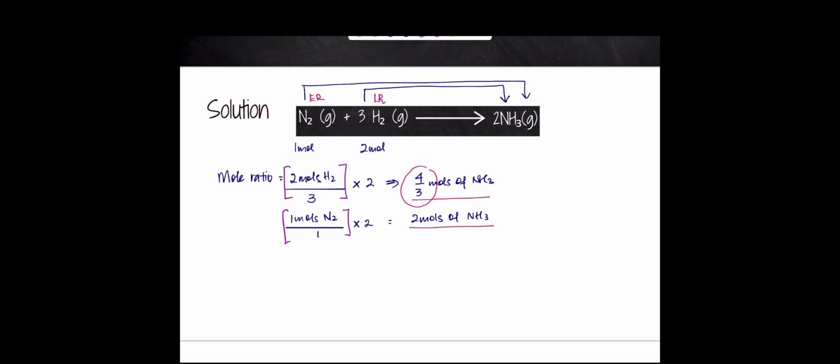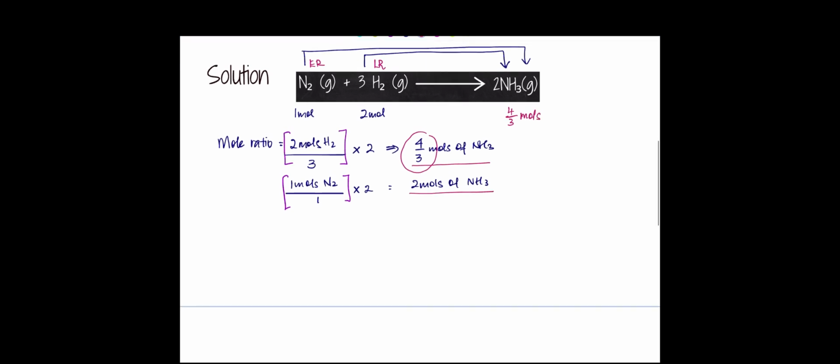So we can confidently say that the moles of ammonia will be limited or constrained by hydrogen because it will finish first, meaning our maximum number of moles of ammonia will be produced by hydrogen. So I write the moles of ammonia.